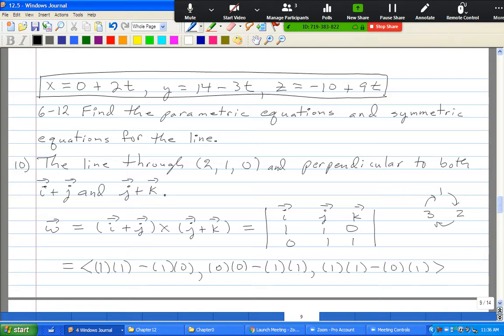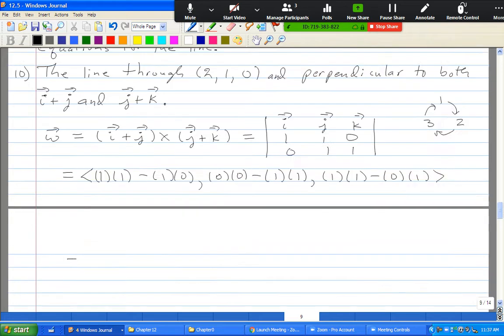And so I get the vector 1, negative 1, 1. So I get i minus j plus k.